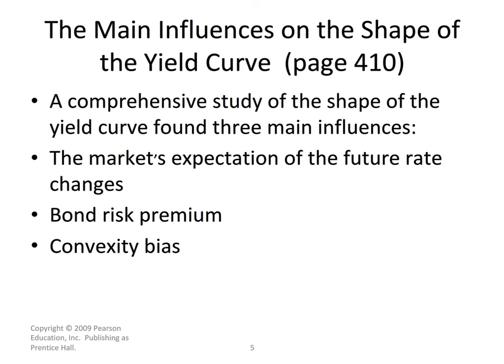And the third factor that's been identified is convexity bias, and that is as you increase the yield to maturity and increase the maturity, bond rates are much more sensitive to price changes.